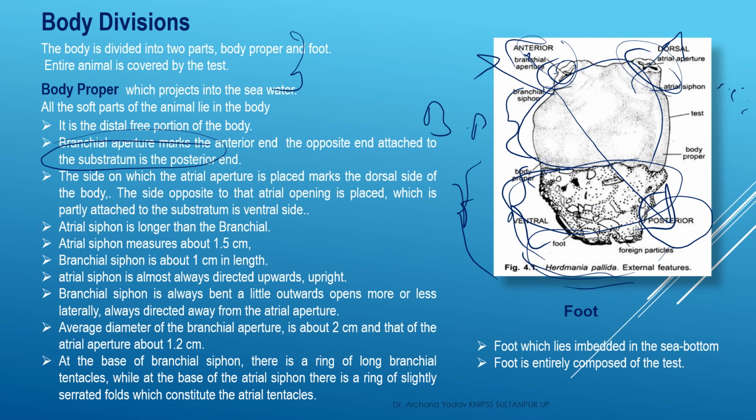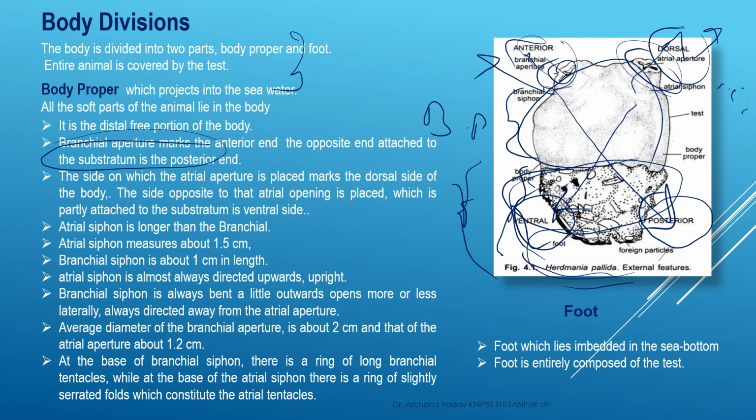The side on which the atrial aperture is placed marks the dorsal side of the body. The opposite side, which is partially attached to the substratum, is the ventral side of the body.